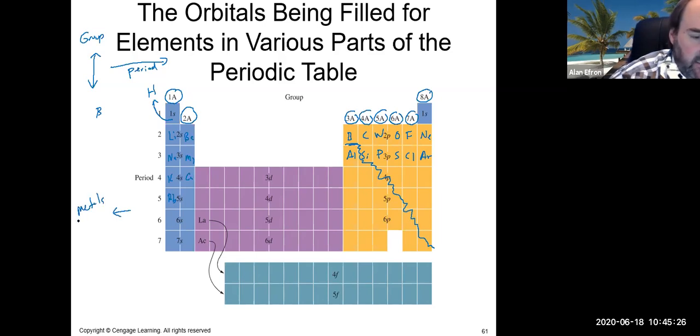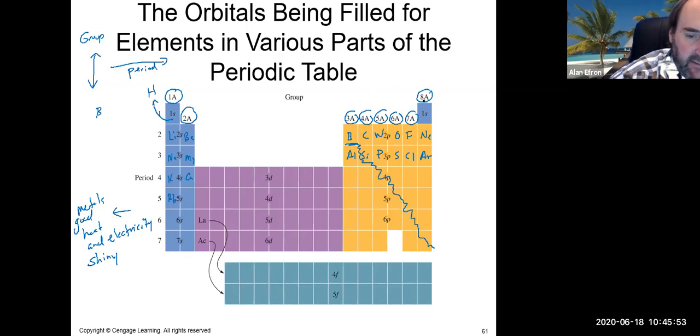And metals are good conductors of heat and electricity. They are usually shiny, right? In addition, metals are all through here and all the way to the left.